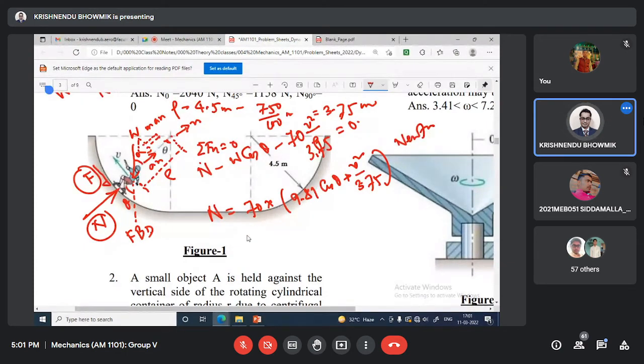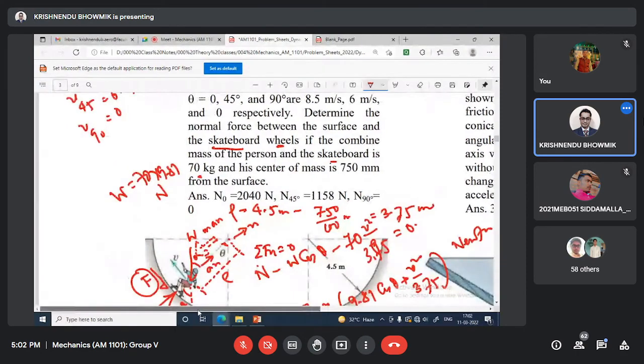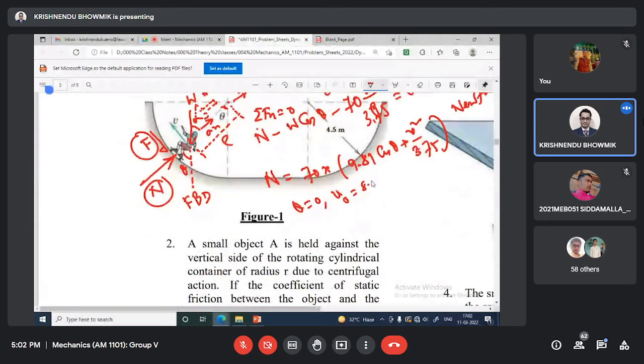Now you put theta equal to 0. If you put theta equal to 0, then V0 equal to, I have written somewhere, 8.5. And theta equal to 45 degree, V equal to 6.